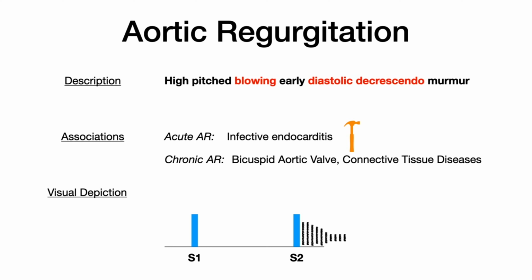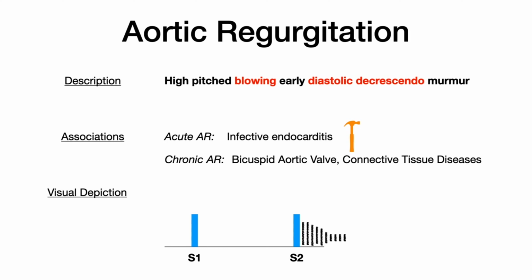But because the pulse pressure is so widened due to the aortic regurgitation, patients actually feel the systolic pulse. So they feel that huge excess stroke volume that's trying to squeeze out all of that blood that gets retrograded, if that's a word, back into the left ventricle.